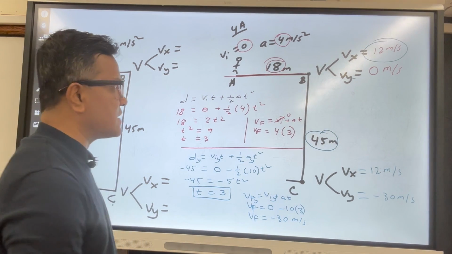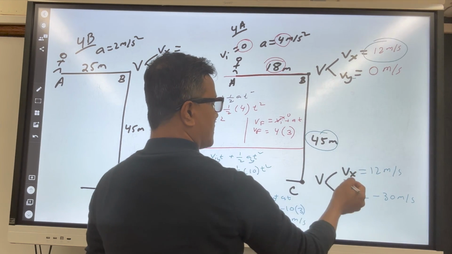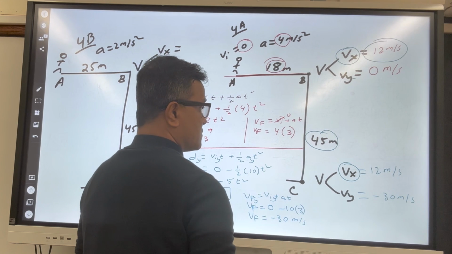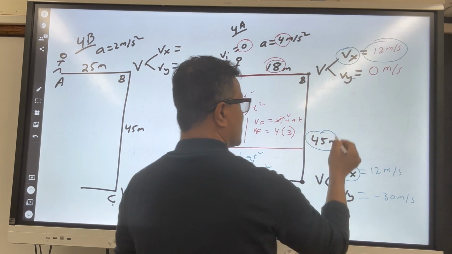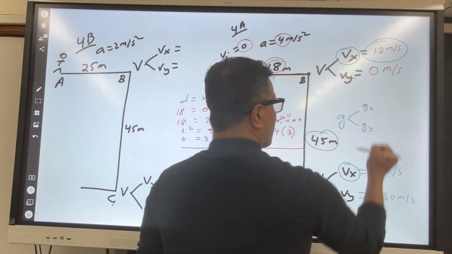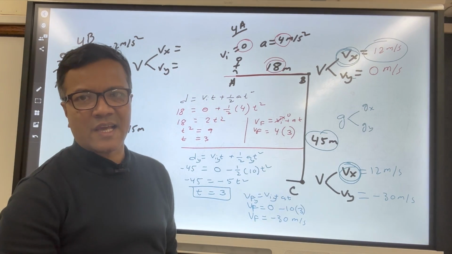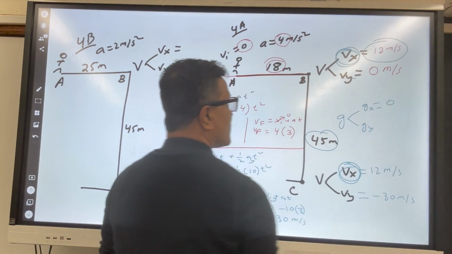You discover that the velocity in the x direction does not change, right? Because acceleration due to gravity in the x direction is 0. Once again, velocity in the x direction remains constant or does not change because acceleration in the x direction is 0.